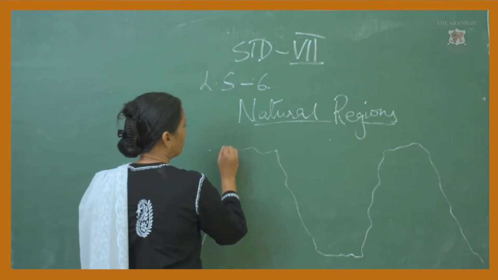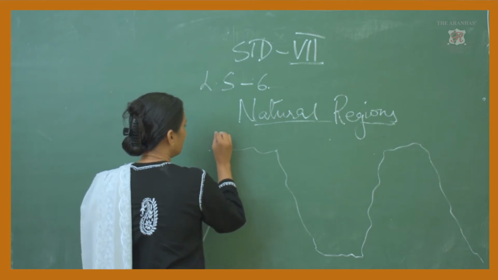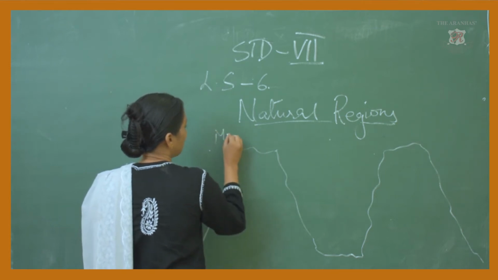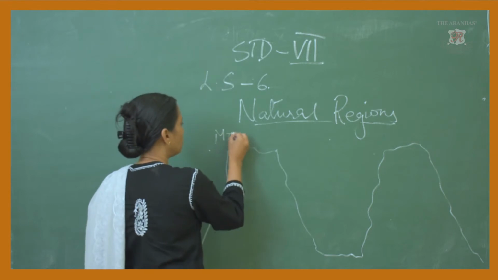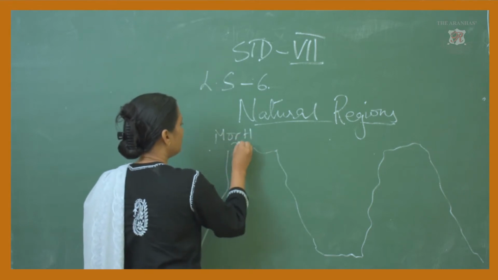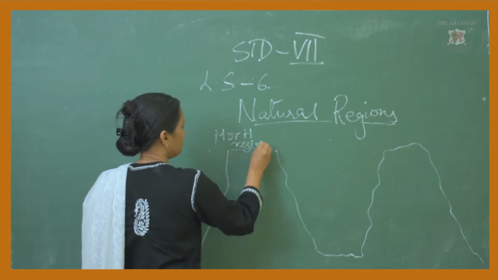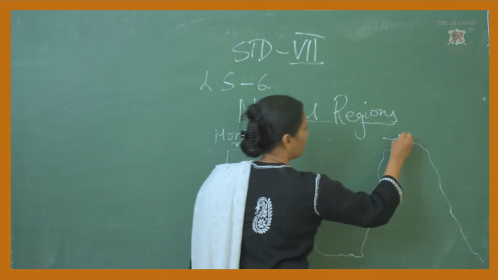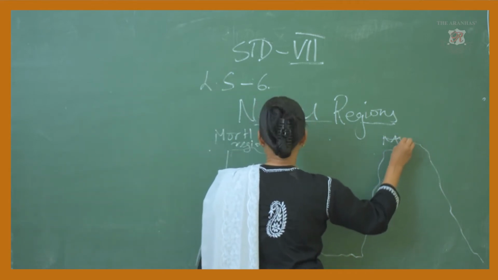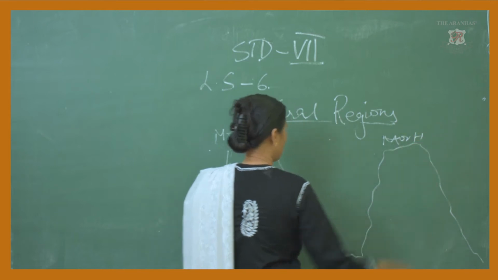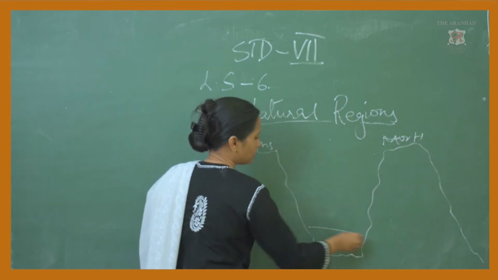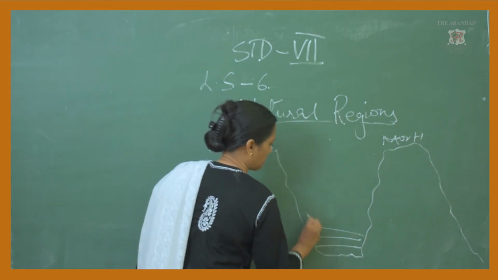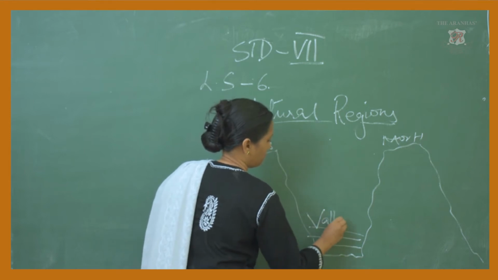So this is the mountainous or the hilly region. I will just write it in short form, mountainous or hilly region, M or H, and this one is the valley.